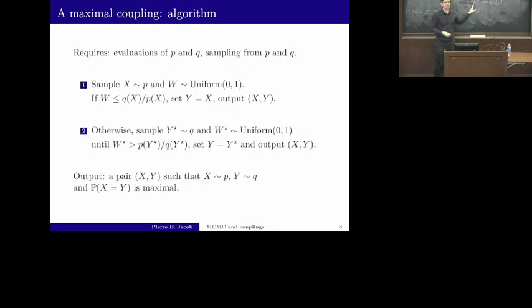But 1 minus V is also a uniform, so that I can call W star. And being greater than this minimum is the same as being greater than just the ratio, because in the event that this ratio is more than 1, for sure W star is not greater than it. Okay?